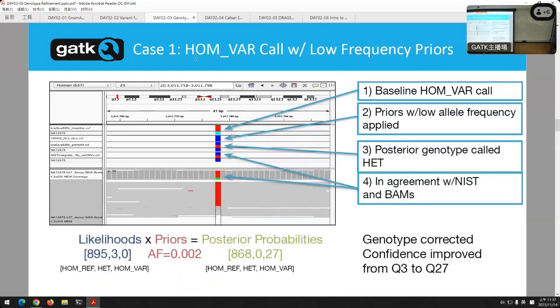So let's look at an example here. Notice that the original call is homozygous reference. Let's jump down to the bottom panel, and you see an IGV. It's about 80 to 85% T and 15% not T. We expect it to be 50-50, or at 85-15, it could be a lot of contamination, could be something somatic.